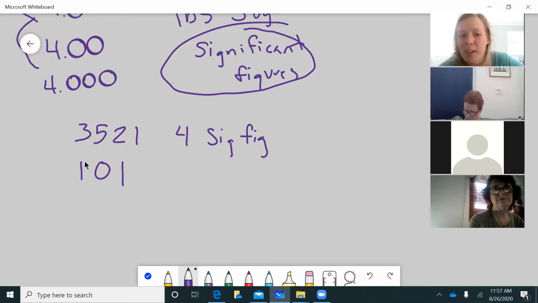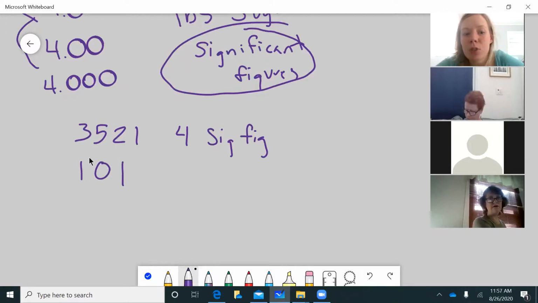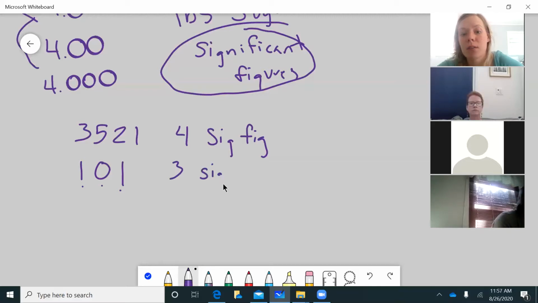You're never going to be significant and then not significant and then significant again, right? You can't have a number that's precise, then not precise in the middle, then precise on the end. So zeros in between two non-zero numbers are classified as significant. So this has 3 sig figs, 3 significant figures.